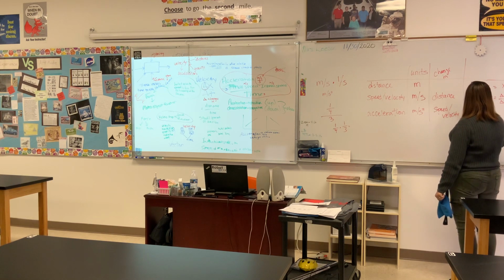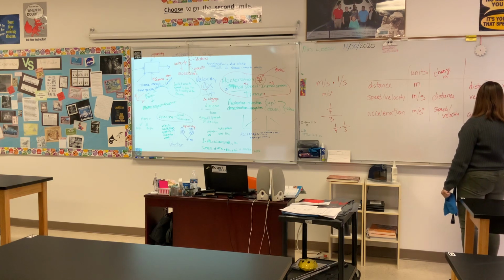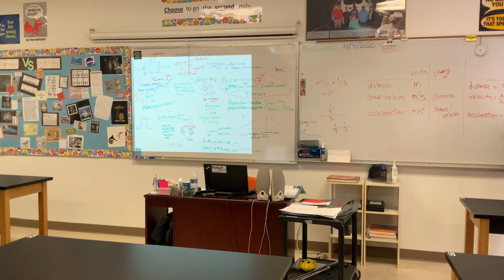Acceleration is going to be what? Final velocity subtract starting velocity over elapsed time t. So that's really change in velocity over change in time, which is v2 subtract v1 over t2 subtract t1.